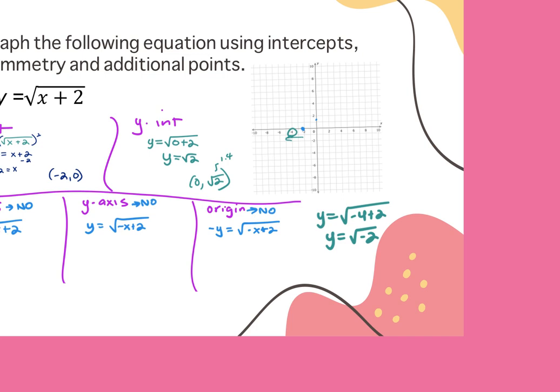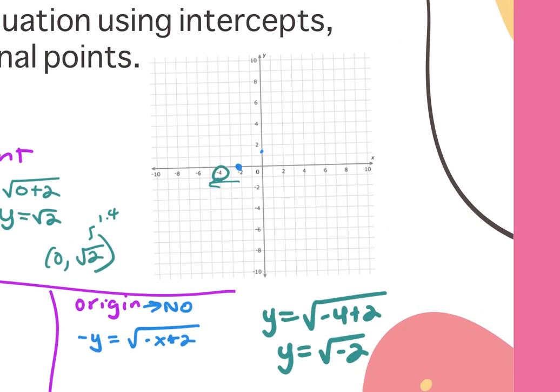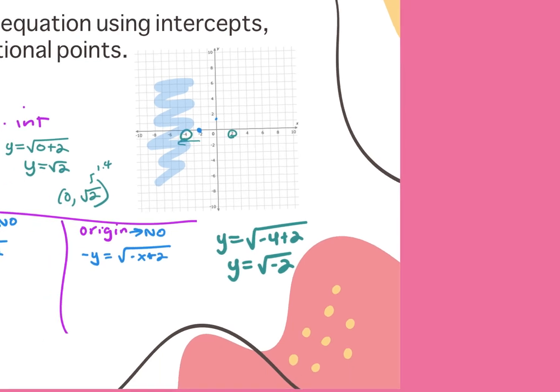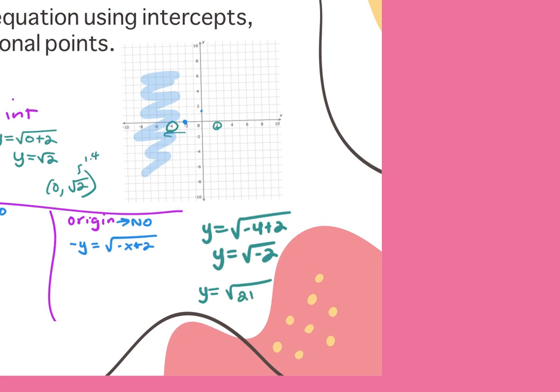No. So that tells me there are no points over here, which again is consistent with my arc pointing towards the right. So just to confirm, I'm going to plot one more point. I'm going to plot 2. And I get y equals the square root of 2 plus 2, or square root 4, which is 2. And now I'm confirmed that my arc is pointing toward the right.